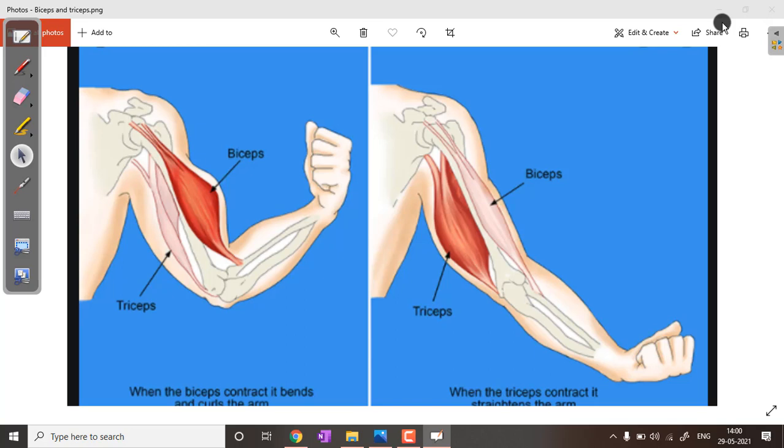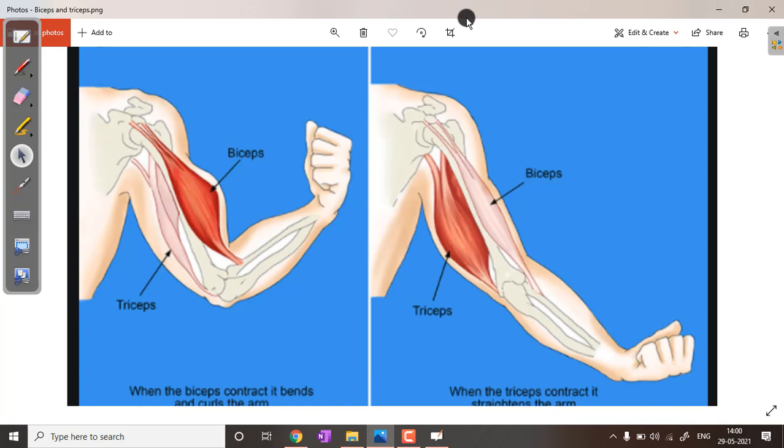I used to generally get confused. Where is bicep? Either on the upper side or on the lower side. So bi means 2, and tri means 3. So 2 always comes above 3, hence biceps are always present above in the upper arm. It is only an analogy to connect and not get confused whether bicep is present on the upper side of the upper arm or tricep.